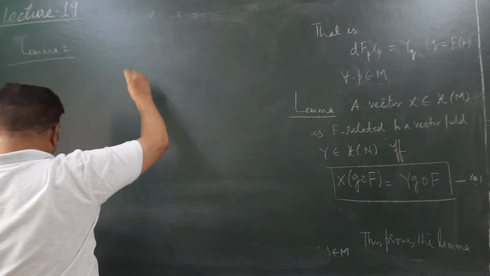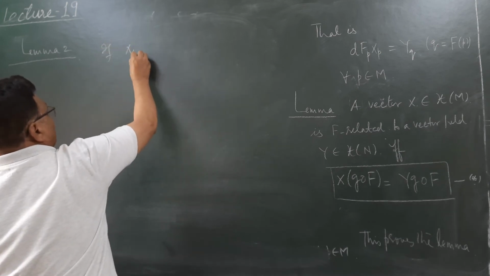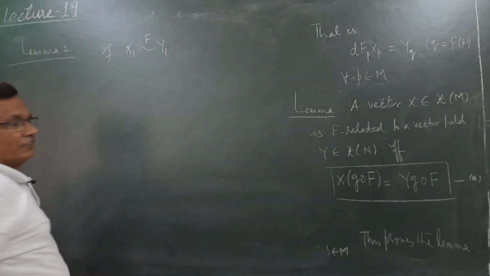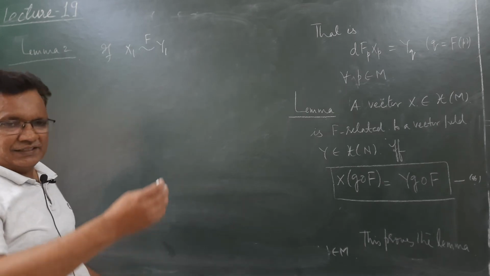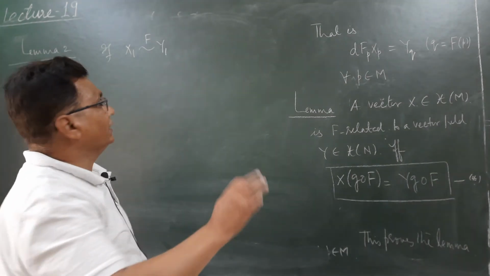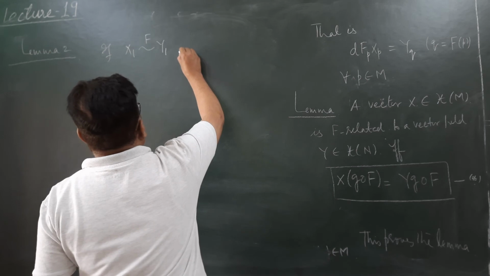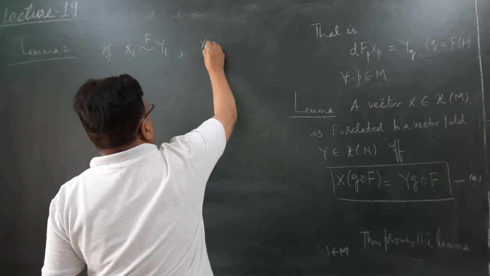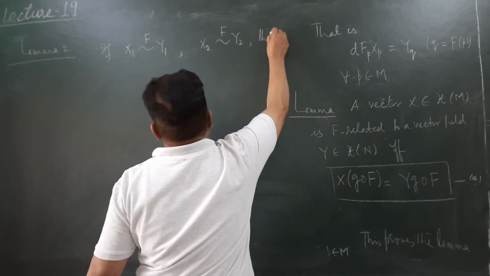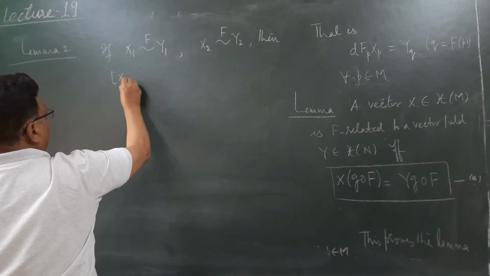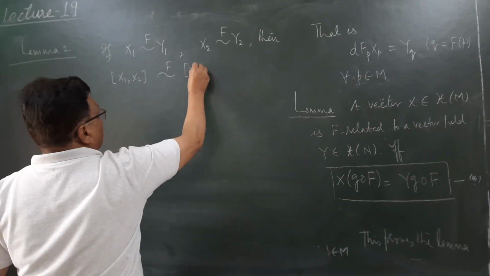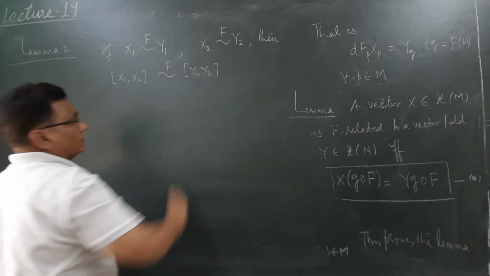Lemma 2 says that if x1 is a vector field related to y1, f-related to y1, the X's are vector fields on M, the Y's are vector fields on N, and F is a map from M to N. If x1 is f-related to y1 and x2 is f-related to y2, then this lemma says that the Lie product of x1 and x2 will be f-related to y1 y2.